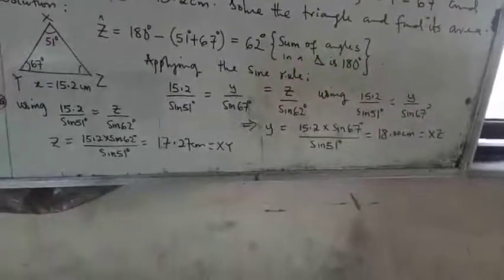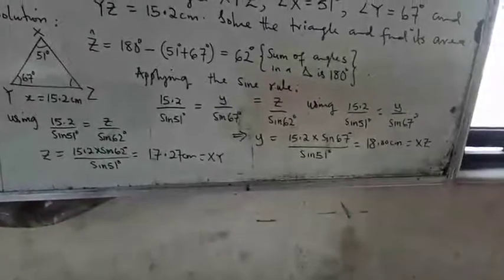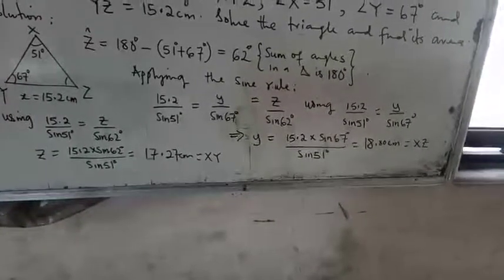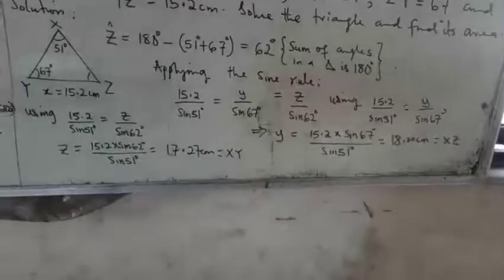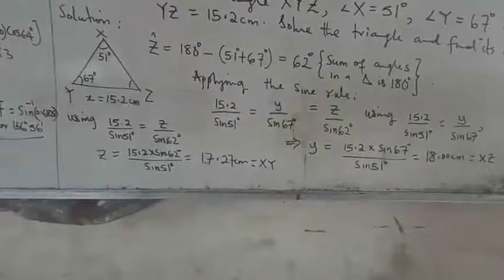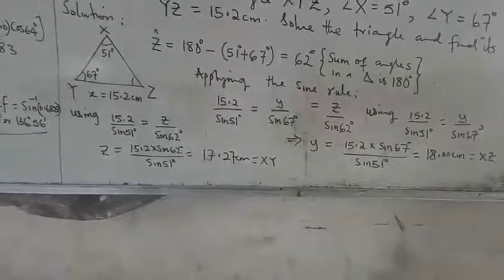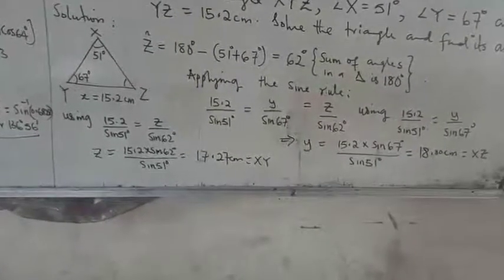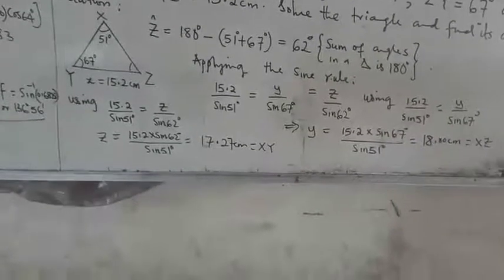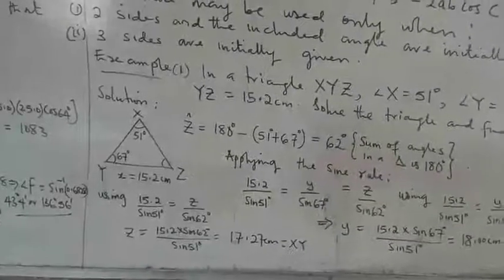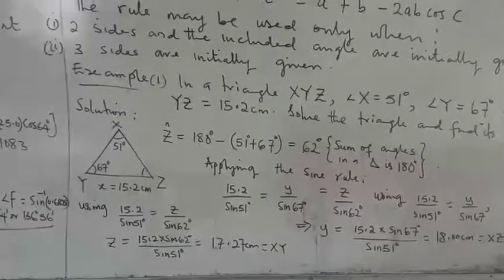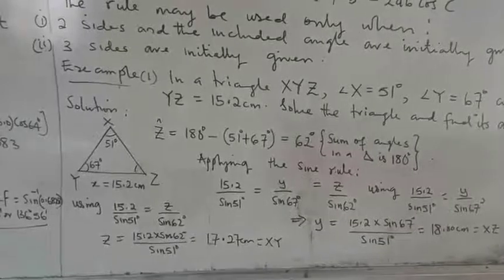This implies that y equals 15.2 times sine 67 over sine 51, and that gives 18.00 centimeters, which is XZ. For z, using the second part, 15.2 over sine 51 degrees equals z over sine 62. Z equals 15.2 times sine 62 divided by sine 51 degrees, and that gives 17.27 centimeters.